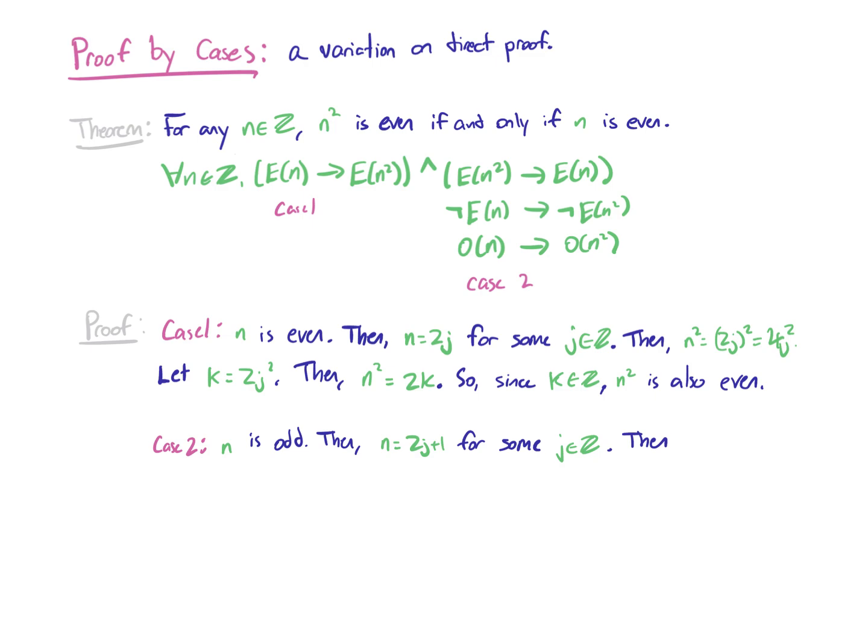It's just going to be a little bit more complex. So this time, n squared is equal to (2j plus 1) squared. Got to FOIL. I'm going to get 4j squared plus 4j plus 1, which it's going to be convenient for me to write as 2 times (2j squared plus 2j) plus 1 on the outside.